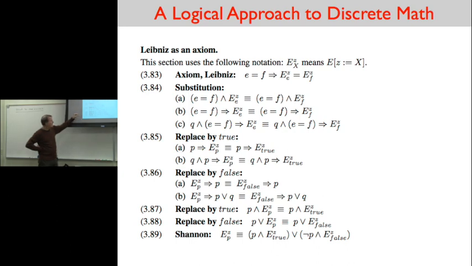Now, 3.87 says replace by true. I want to see if I can convince you why that is a reasonable theorem. What it says is that P and E with Z replaced by P is equivalent to P and E with Z replaced by true.